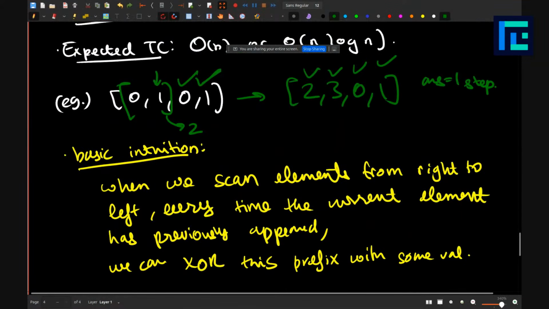Okay, and also what does XOR mean? XOR basically means that we're flipping some bits, right? So given z, when we XOR it, it means that we're flipping some bits of the first k numbers, correct? For the first k numbers, we can flip any bit.